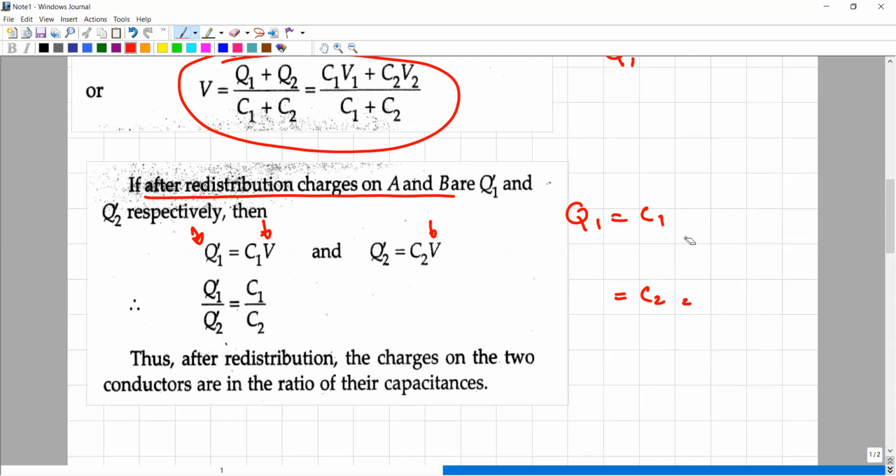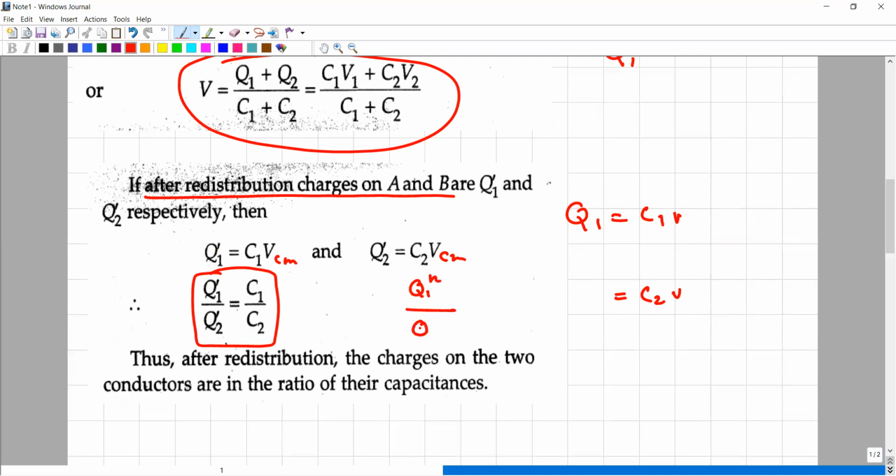But now both of them have the same potential V. So the new charges upon them will become C1 V, where V is the common potential, and C2 V. If you divide these two quantities, you get the ratio of the charges. That is, Q1 dash, the new charge on the first capacitor, and Q2 dash, the new charge on the second capacitor, will be in the ratio of C1 by C2, that is the ratio of their capacitances.